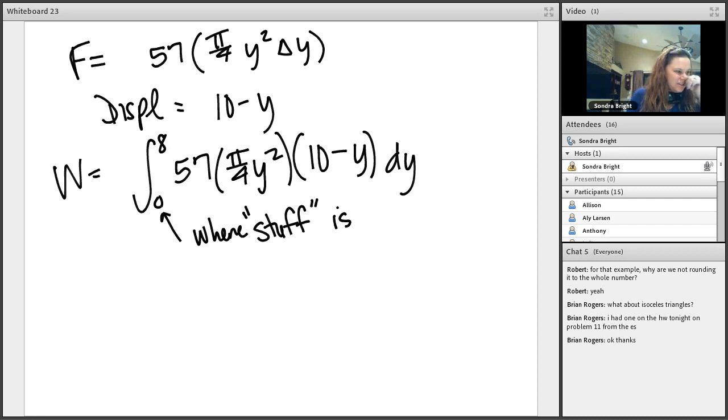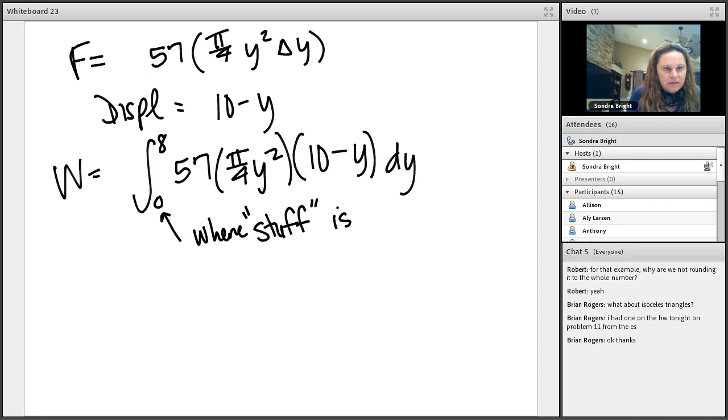The limits of integration are always from where the actual stuff is, and then you'll integrate that. So that's how you're going to set that one up. Set it up, and then do we actually have you evaluate it? Yeah, you'll put it in your calculator.